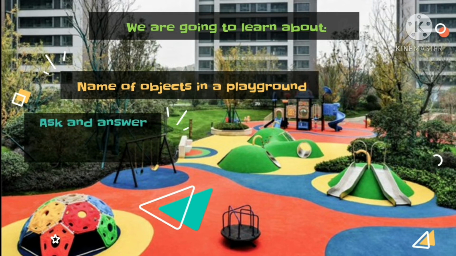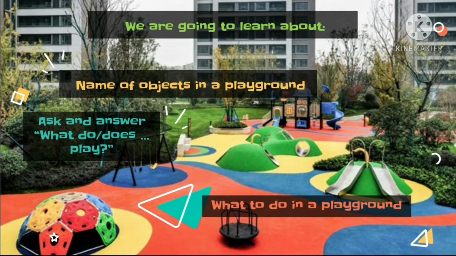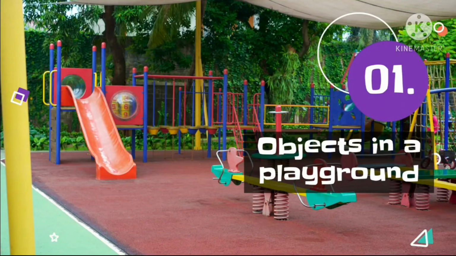Second, ask and answer the question, what do or does the subject play? And the third is what to do in a playground. Let's begin the first part. Objects in a playground.